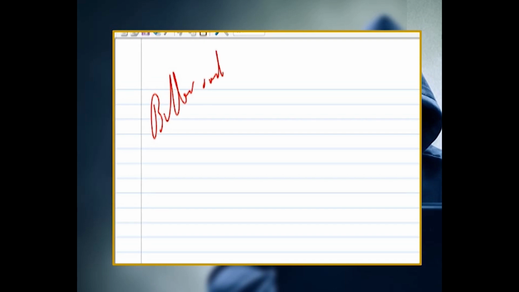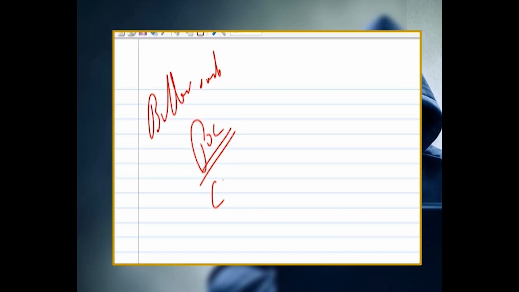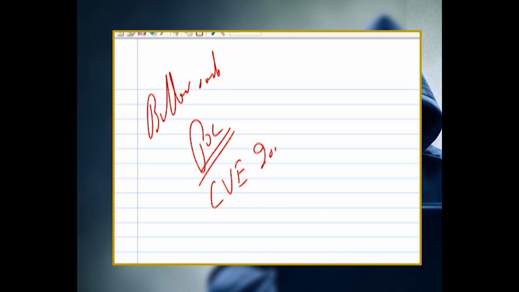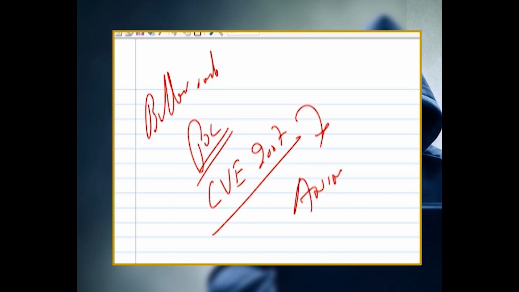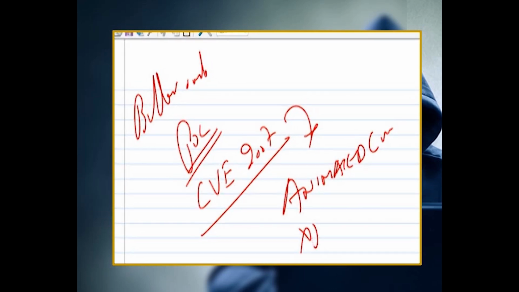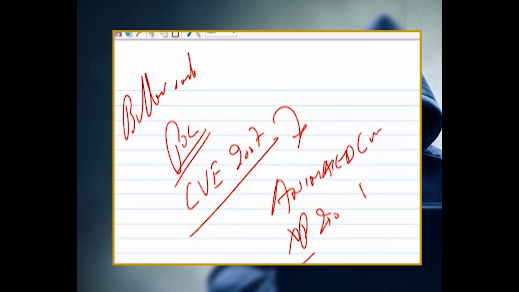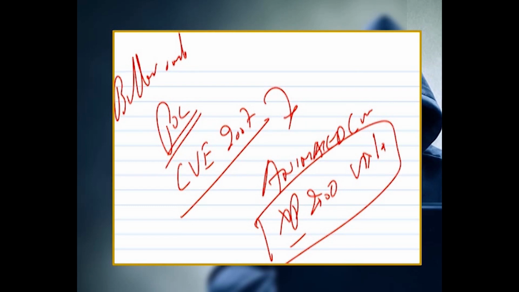So, we learnt about buffer overflow, and we have seen a proof of concept, and this proof of concept was CVE 2007, which was the animated cursor vulnerability, and this exposes Windows XP, Windows 2000, Windows Vista, as was written in the advisory which was published on the website.